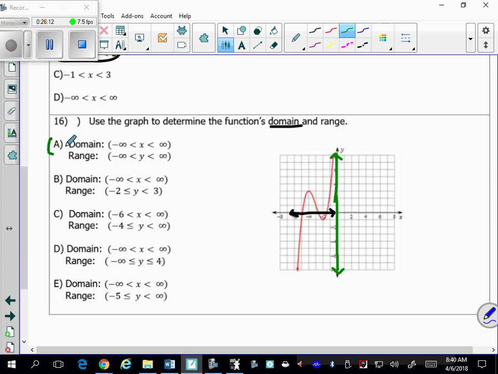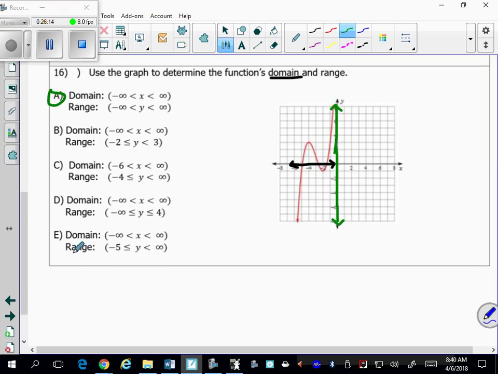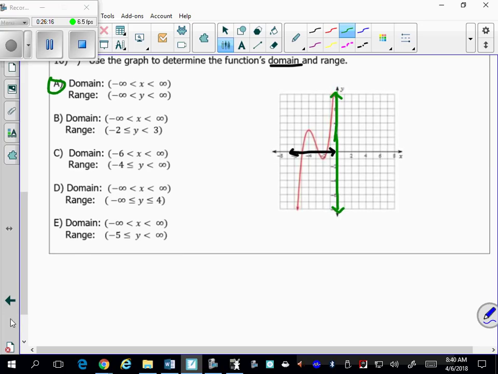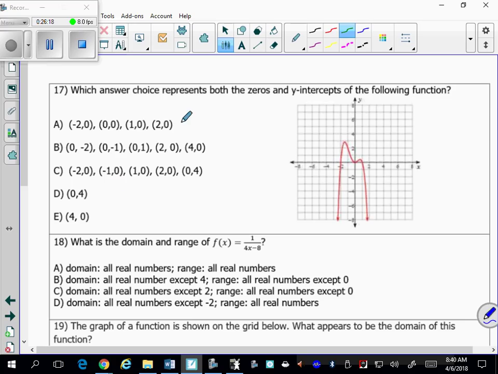Which answer choice best represents the zeros and y-intercepts? Zeros are also x-intercepts. That's another name for zeros. So it looks like it crosses the x-axis at -2, 0, and 1. So -2, 0, and 1. -2, nope, nothing in B. -2, 0, 1, I don't see.